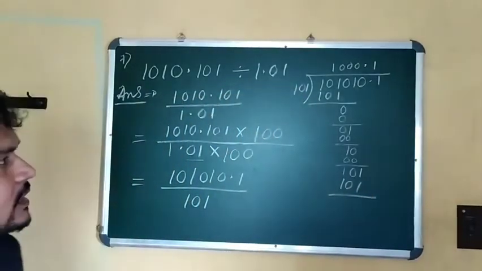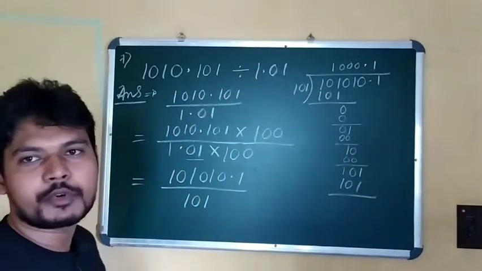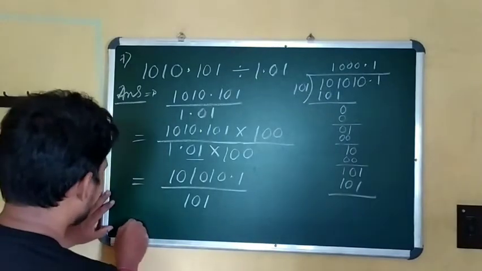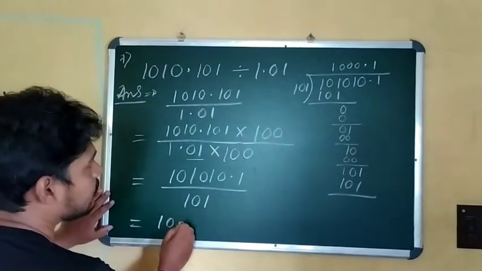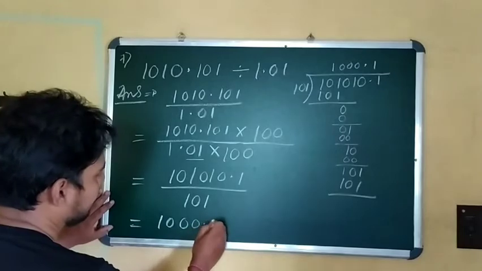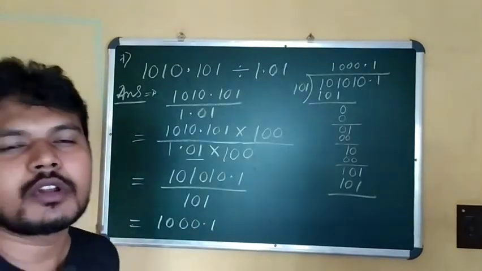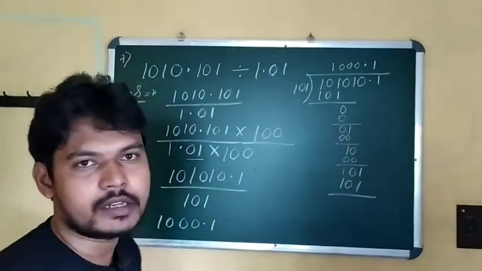So our answer is 1000.1. So you write down the answer, that is 1000.1. I hope all of you understood this very clearly.